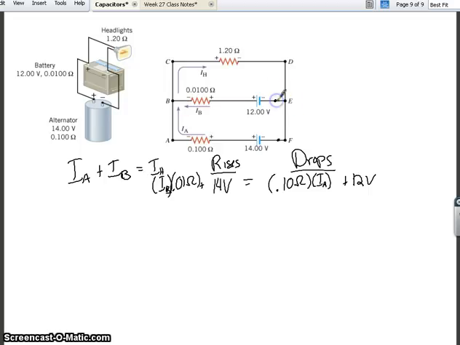Starting right here, this is going to be a rise of 12 volts. This is going to be a drop, positive to negative. So 0.01 ohms times IB.